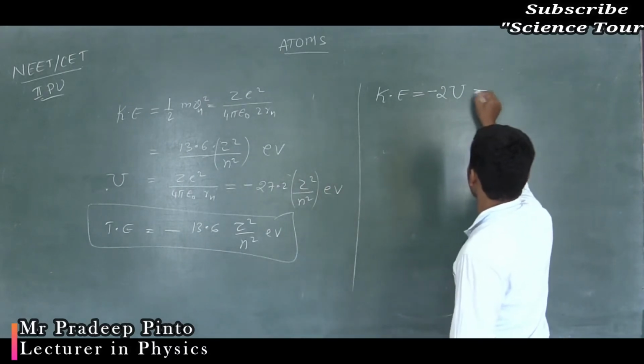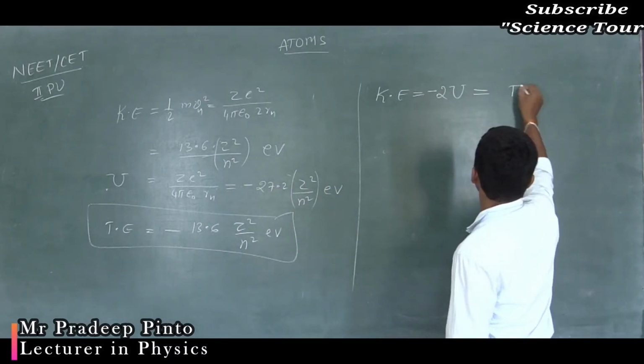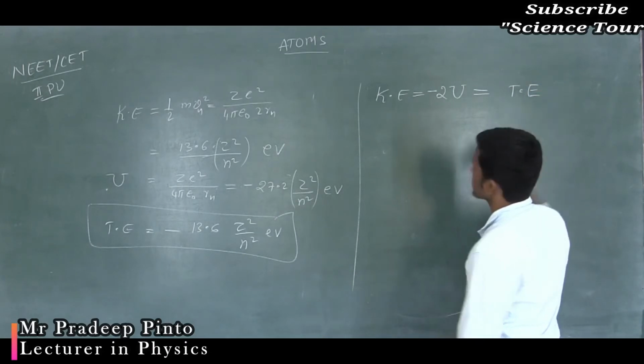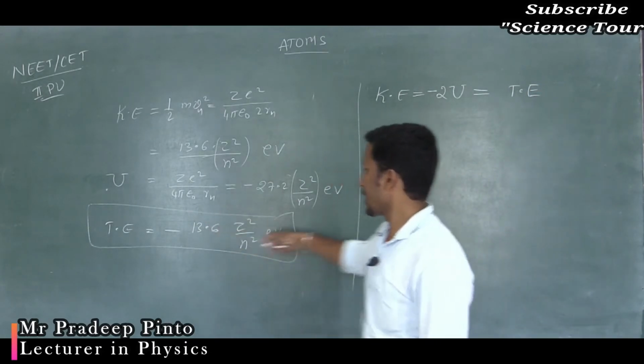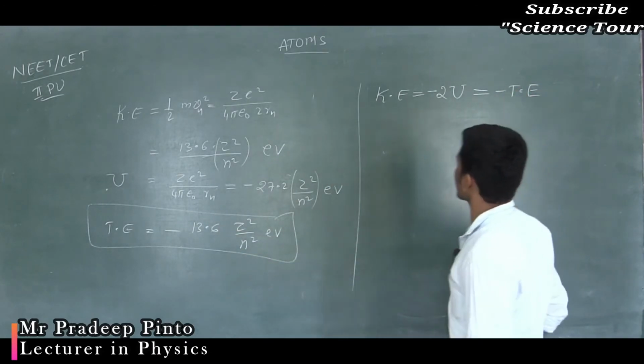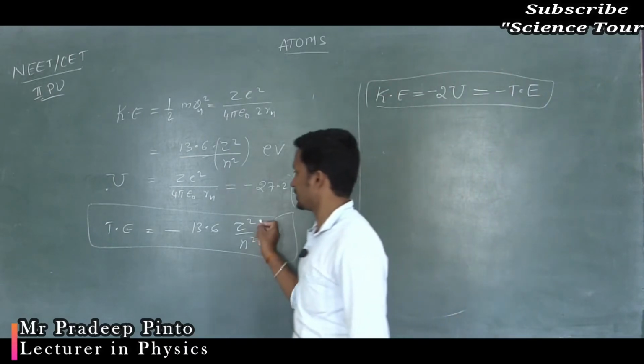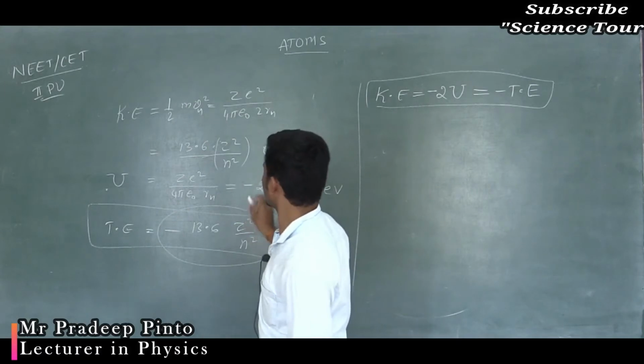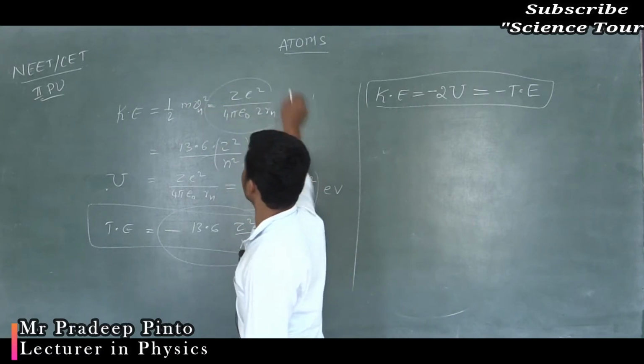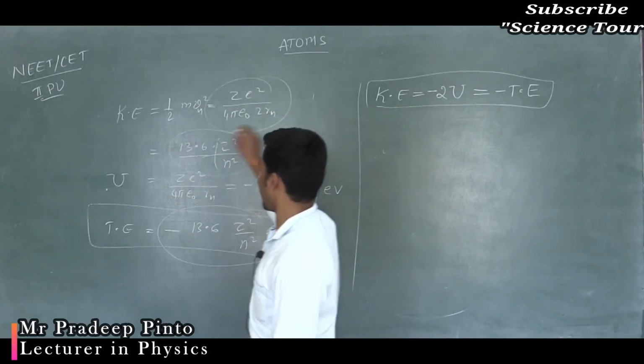And the kinetic energy is the same as the total energy, but the total energy is negative. You have to remember this formula. That is nothing but 13.6 for the total energy and kinetic energy.